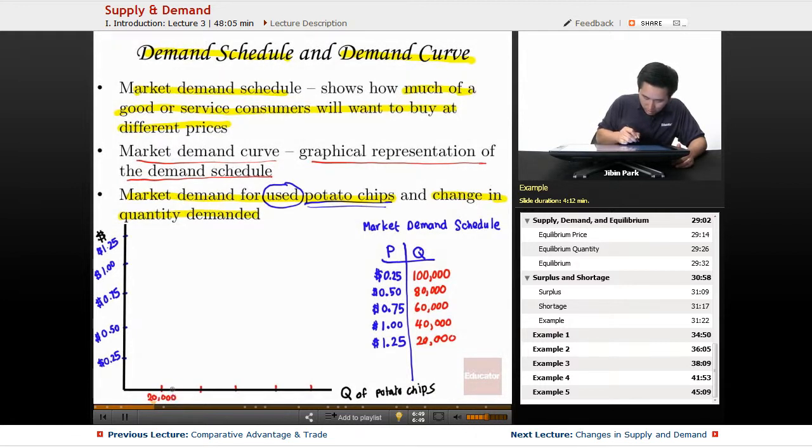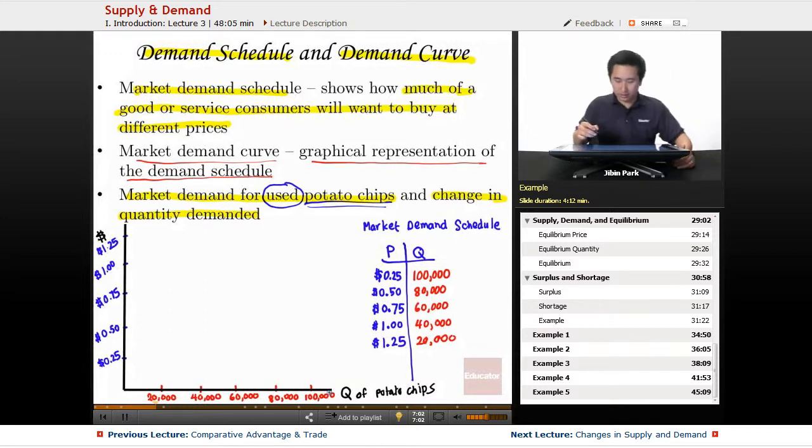So let's go with 20,000 here, 40,000, 60,000, 80,000, and then 100,000 here. And basically what you're doing is you're just plotting the points at this point.